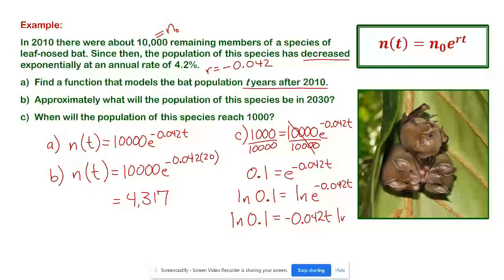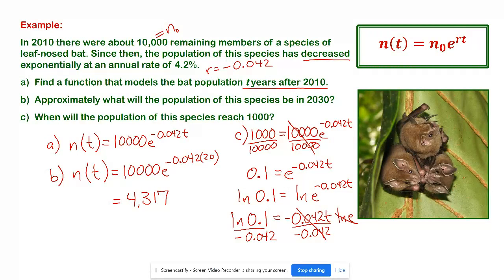And that ln of e, as before, is equal to 1, and multiplying by 1 doesn't do anything, so we cancel that out. Don't forget to cancel out ln of e. Don't leave it lying around. And now all we have to do to get t by itself is to divide by this negative number here.